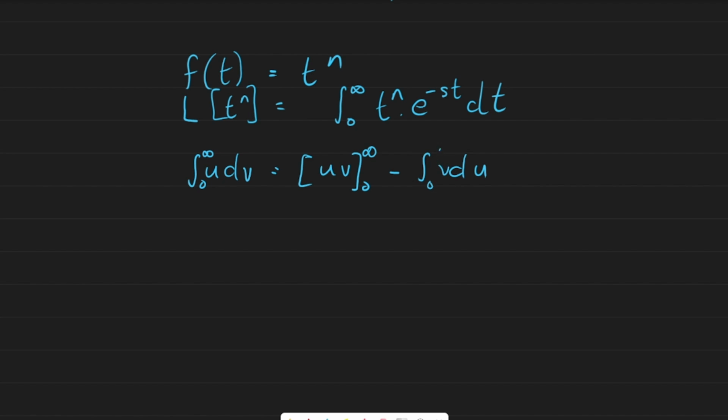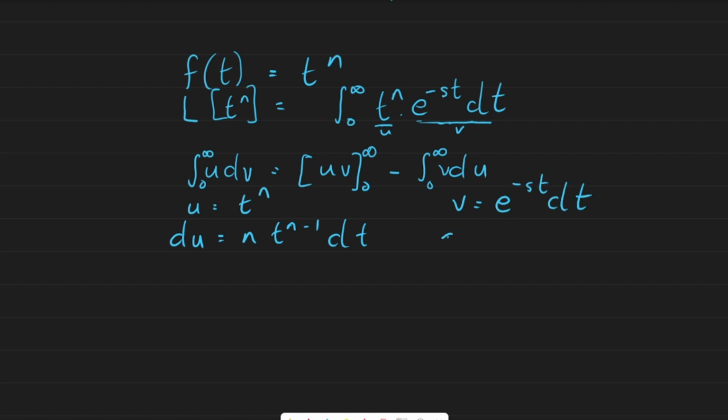So you have to say one thing is u and one thing is v. What we'll do is say that u is equal to t to the power n. That means that du is equal to n times t to the power n minus 1 dt. Then we'll say that dv is e to the minus st dt.